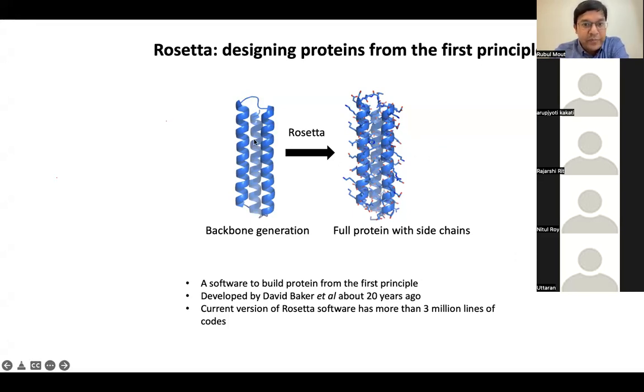So you build the basic folds, using again Rosetta, so that you can compute. And now obviously, I'm not sure if that feature is available in AlphaFold yet, but at some point I'm hoping that people will use AlphaFold as well to build proteins. And then you can assign all these side chains, the amino acids that I talked about, all the sticky side chains that I talked about in the last class.